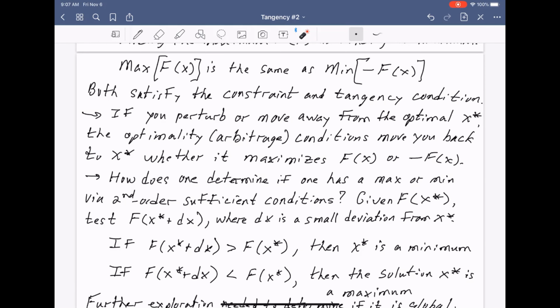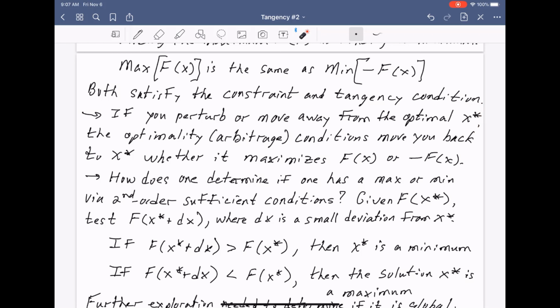So suppose you have x1 star and x2 star. What you do is you move away from those slightly. You take a value slightly to the left or to the right, a value higher and a value lower than the ones you have, and you resolve the objective function for those values, and you compare that to the values if you only have x star.